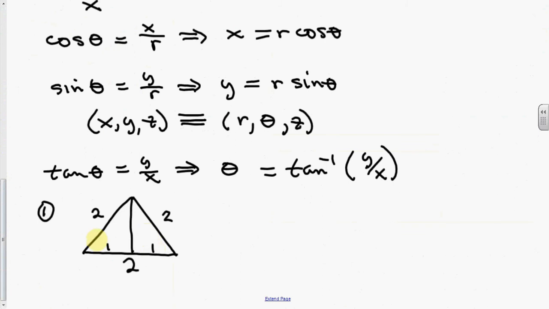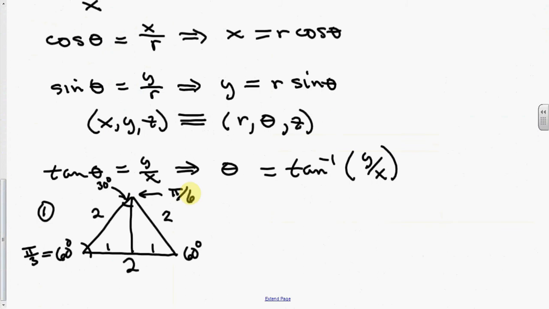If it's an equilateral triangle, that means that all the angles are equal to 60 degrees. So here, this is 60 degrees. Now when I bisect that guy, then I get 30 degrees in there. 60 degrees or pi over 3, and pi over 6.